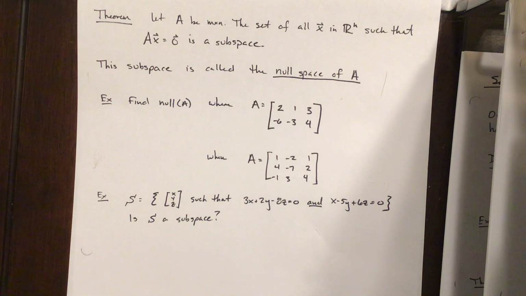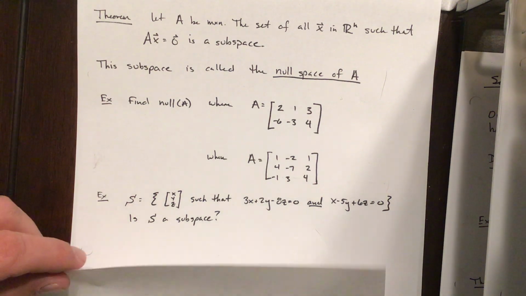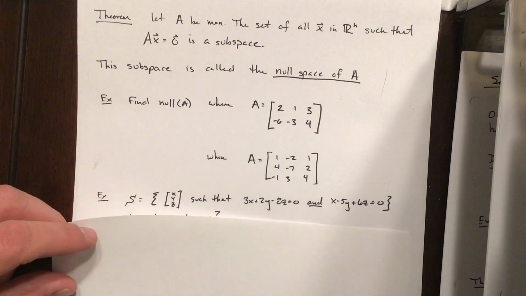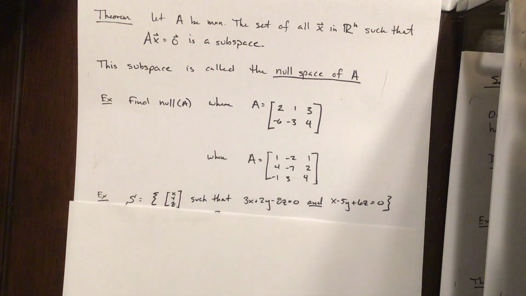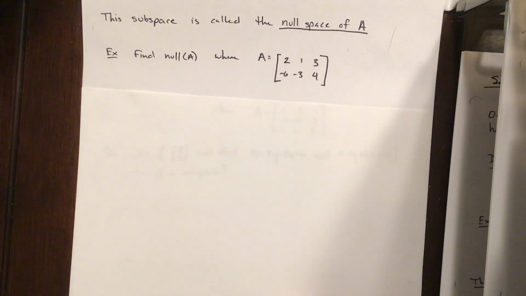I gave you a matrix A, with rows 2, 1, 3 and -6, -3, 4. And I'm going to find the null space of A. So let's do that.